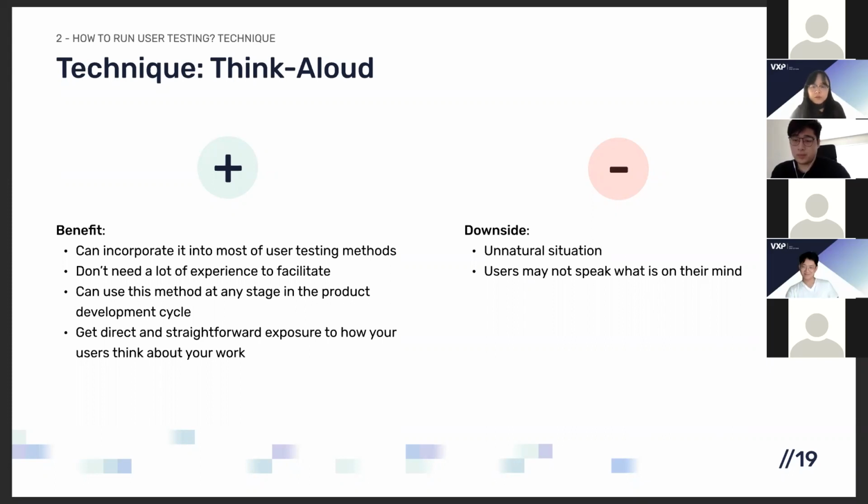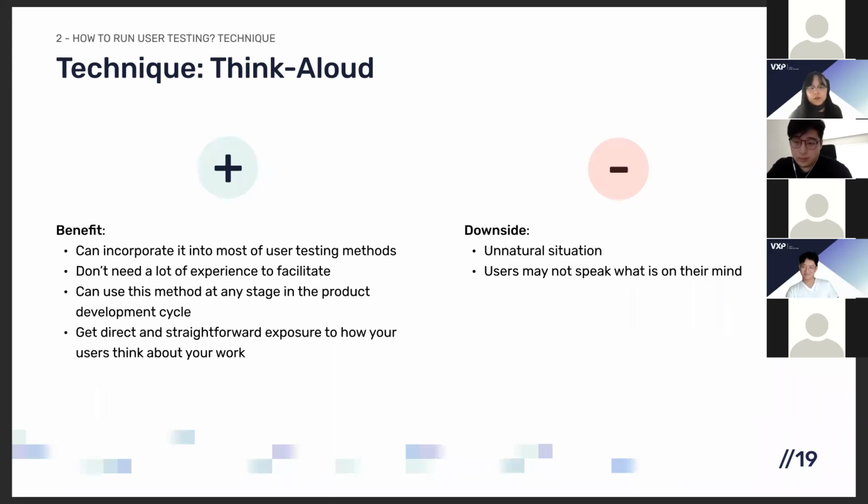And of course, writing a script for think-aloud is the most critical part of the preparation. So preparing the script, writing a list of questions that you might run into or want to ask the participants, is really important so that you can follow it step by step.